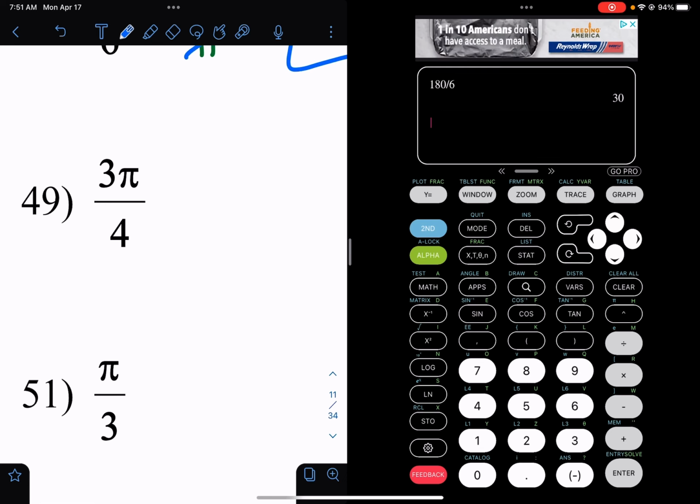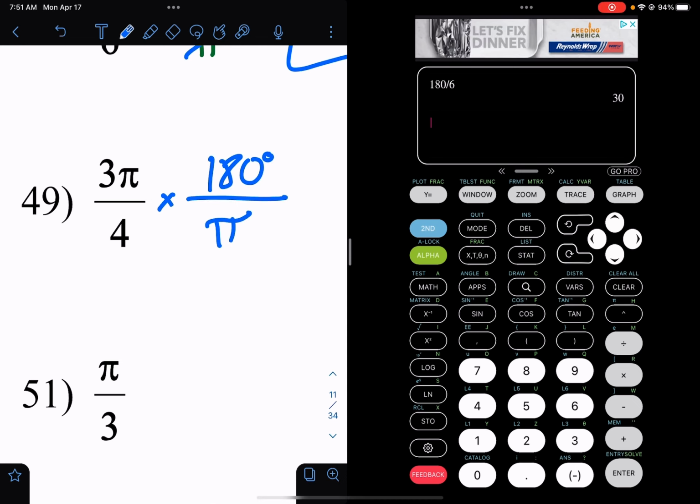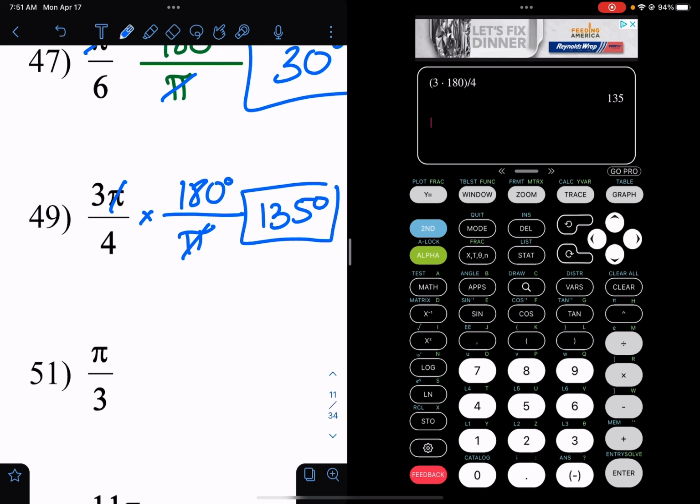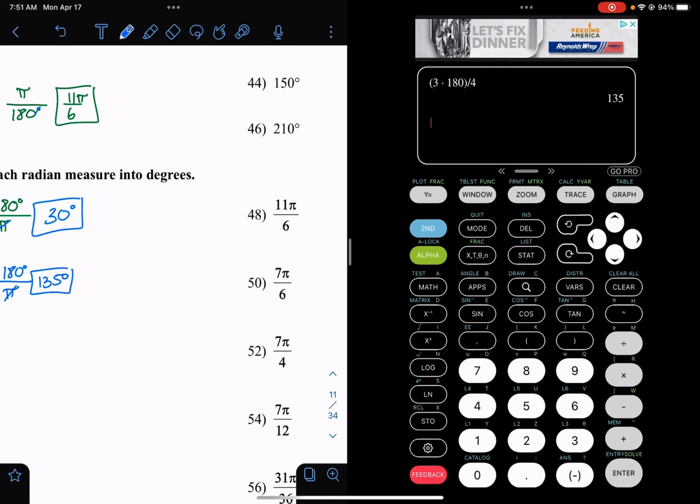All right, let's try 49. Again, we're going from radians to degrees. We're going to multiply by 180 degrees over pi radians, cancel, cancel, and we end up with 3 times 180 on top, and then we're going to divide by 4, and we get 135 degrees. All right, let's do one more here.